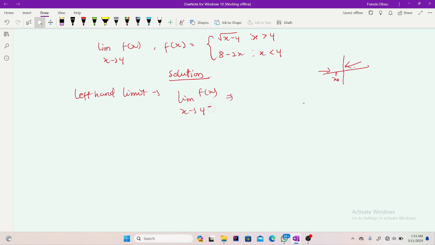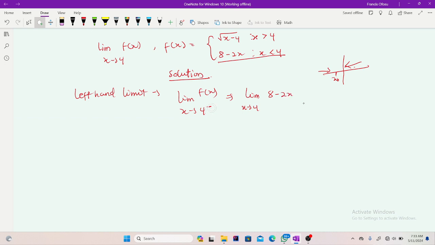So once you are finding the limit as it approaches 4 from the left, you come to your interval. Which part of the interval is the function defined for the left side? And that is this part, because the function said it's defined here when x is less than 4. So that's the negative side, right? Meaning that the function you are going to deal with is the limit as x approaches 4 of the function 8 minus 2x.